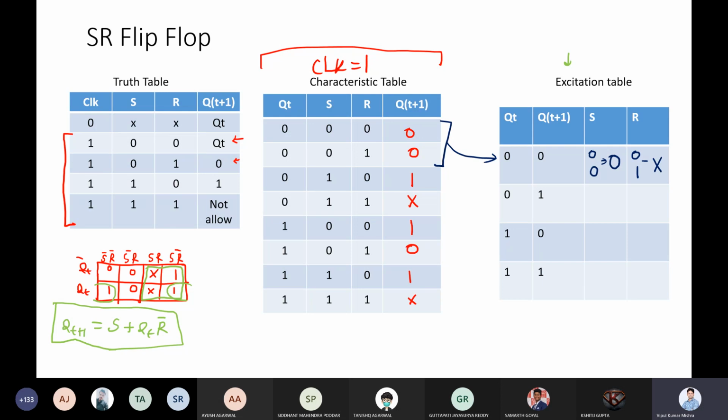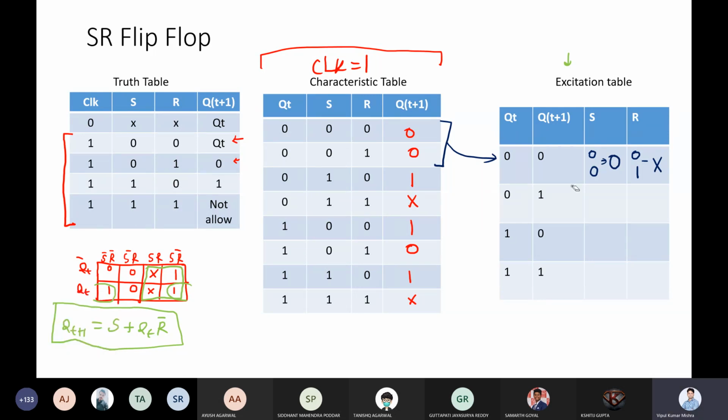Here it is 0 as well as 1. Either S is 0, and R is 0 or R is 1. That is not making any difference in this particular combination while Qt is 0 and Qt plus 1 is 0. Right?